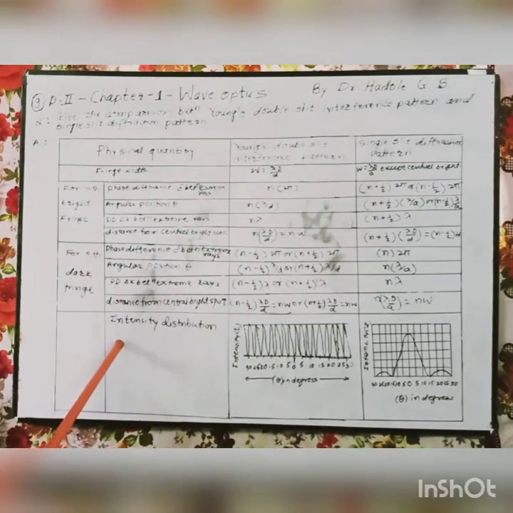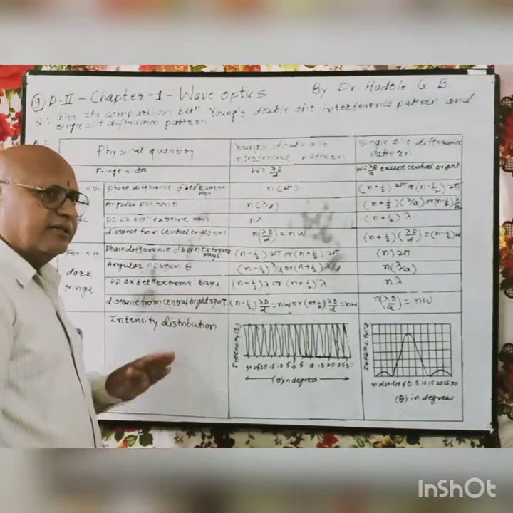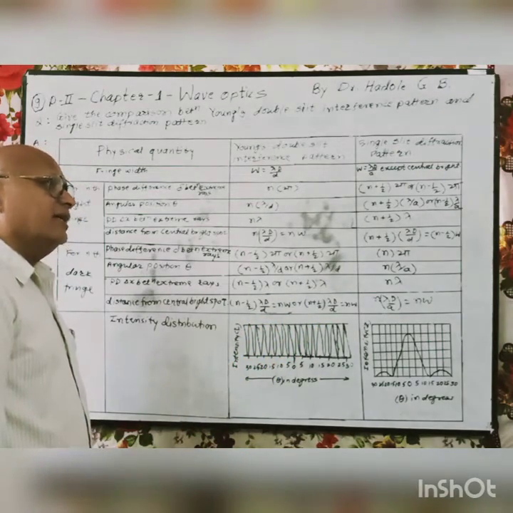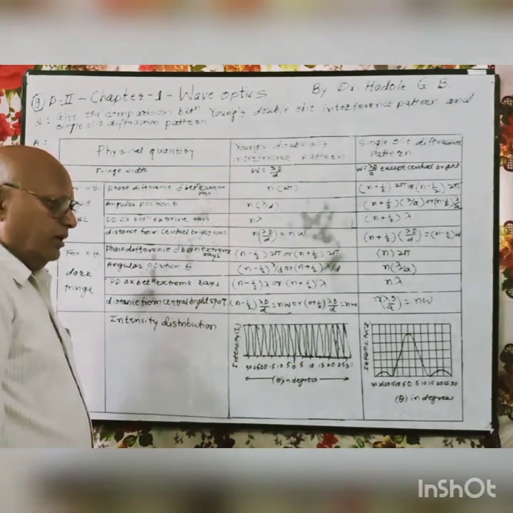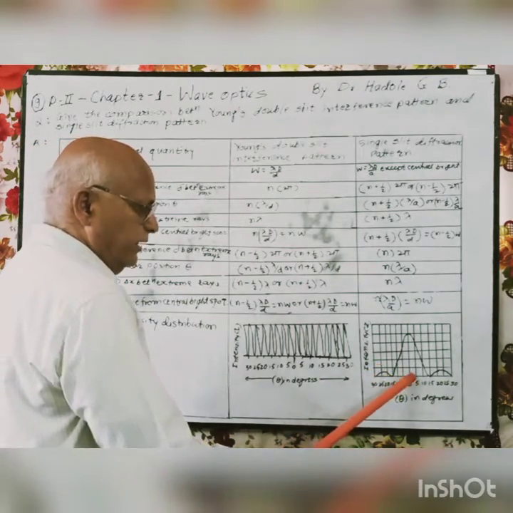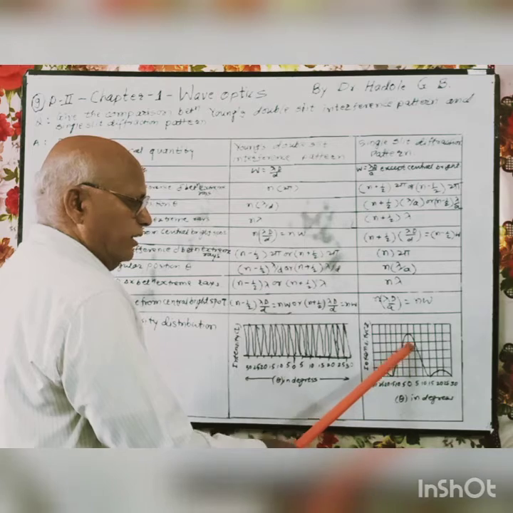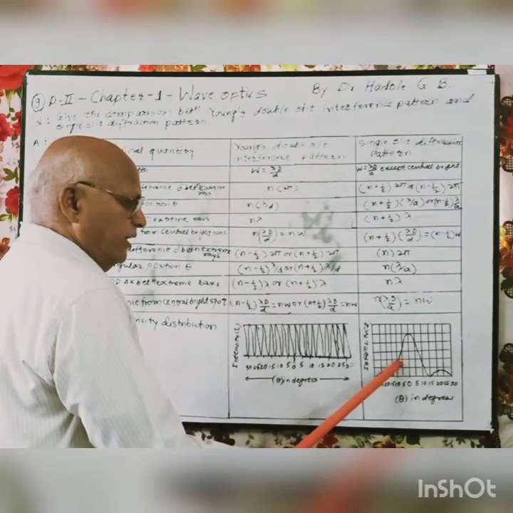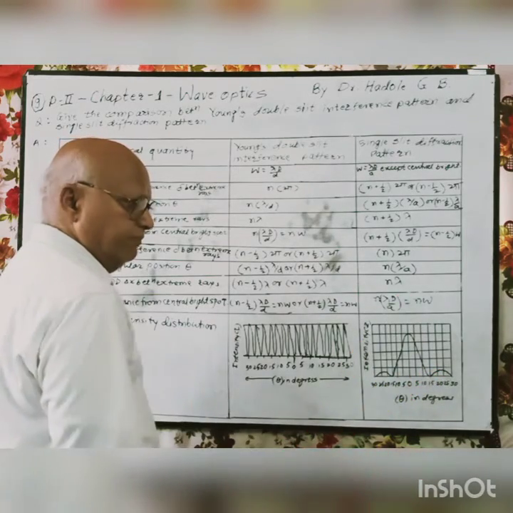The difference between the intensities: look here, the intensity for all the bright bands is the same, and also the intensity for all the dark bands is the same. But here the intensity changes. Mind well, at the central bright point the intensity is maximum. It goes on decreasing on both sides up to the first minimum.